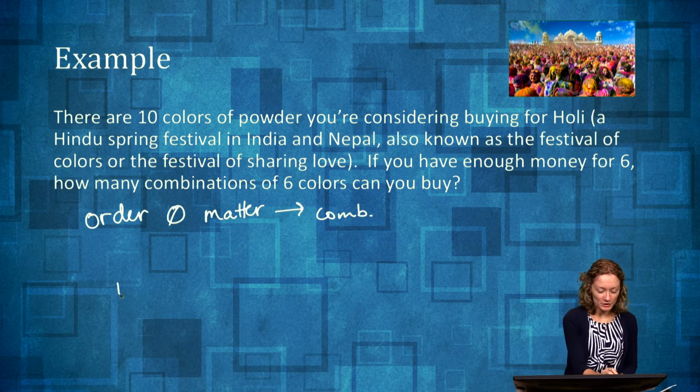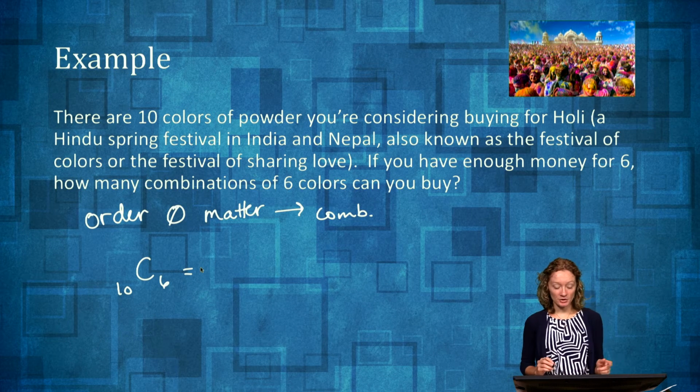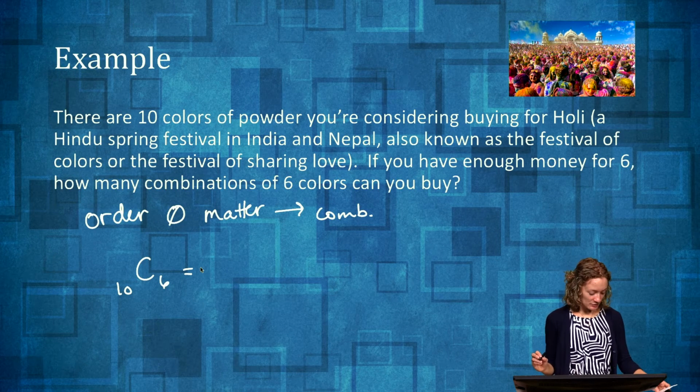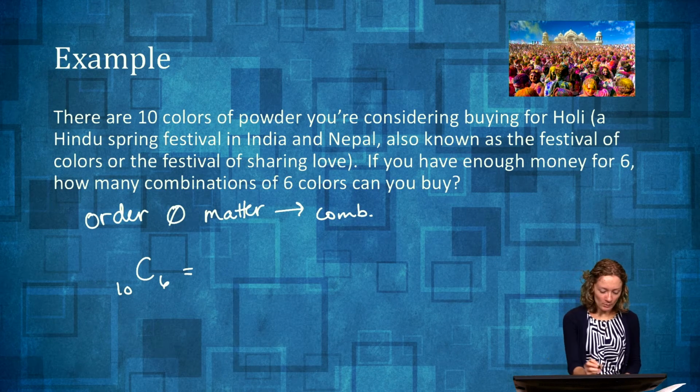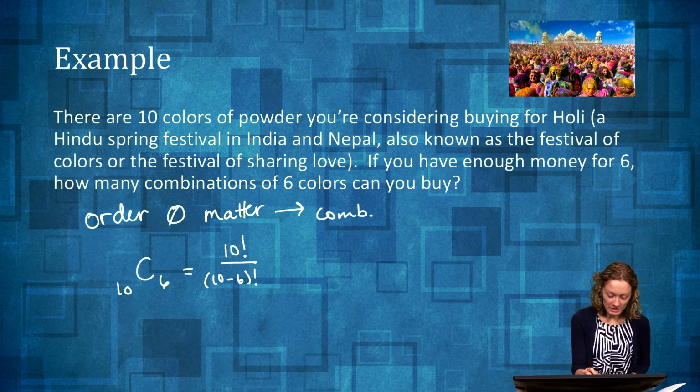You have 10 different choices, and you are selecting 6 of them. So 10 choose 6. You can do it by hand, you can do it in the calculator. I'll do it one more time by hand. Remember, if you're looking for the steps on how to type this in the calculator, the previous video has those steps.